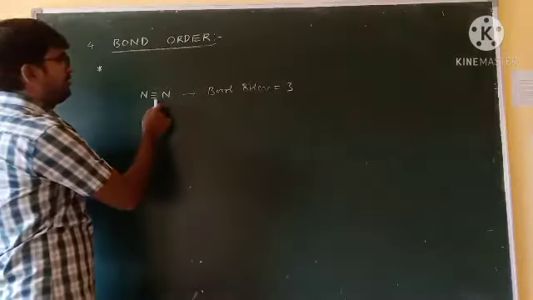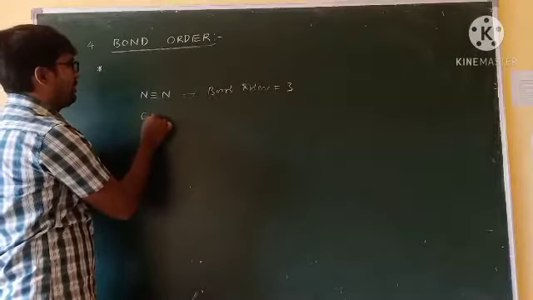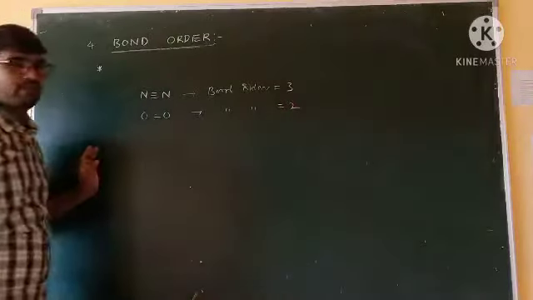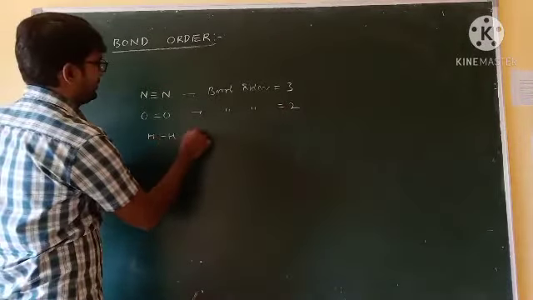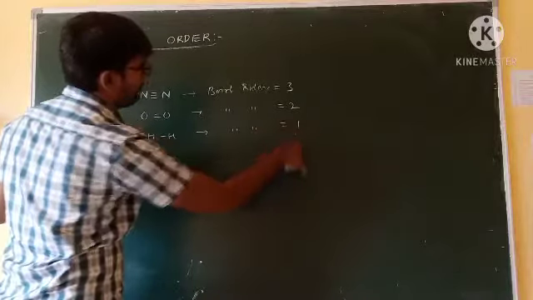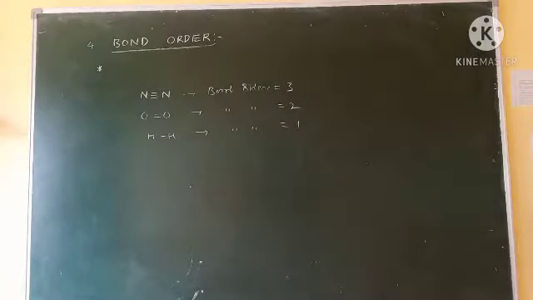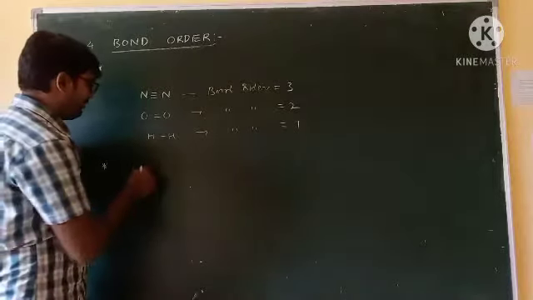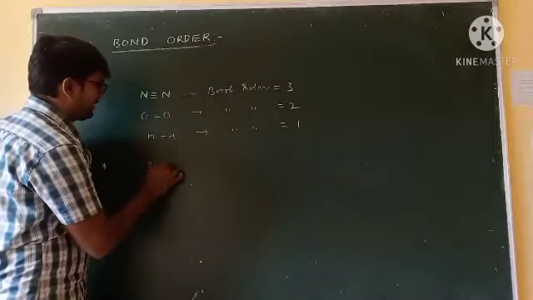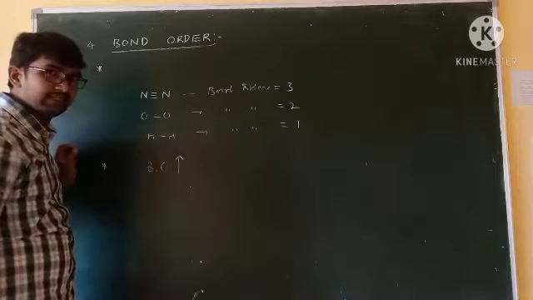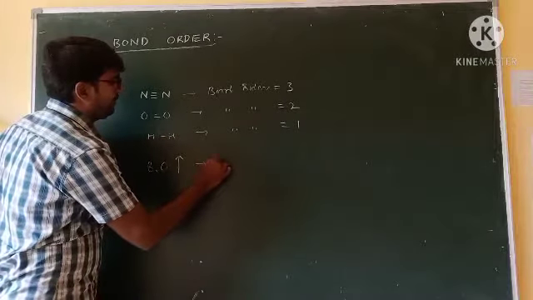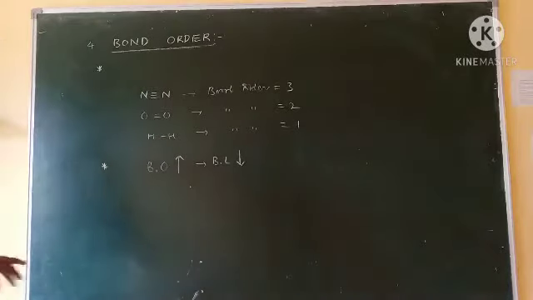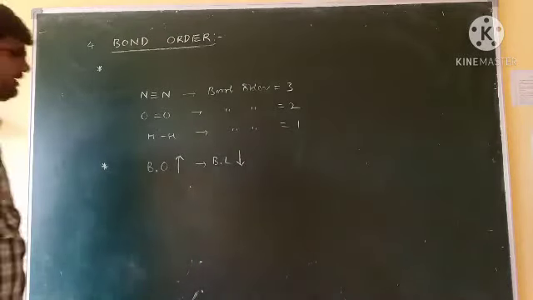So N triple bond N means bond order is 3. O double bond O, so bond order is 2. H single bond H, the bond order is 1. Remember all of you, very carefully: if bond order increases, bond length decreases.